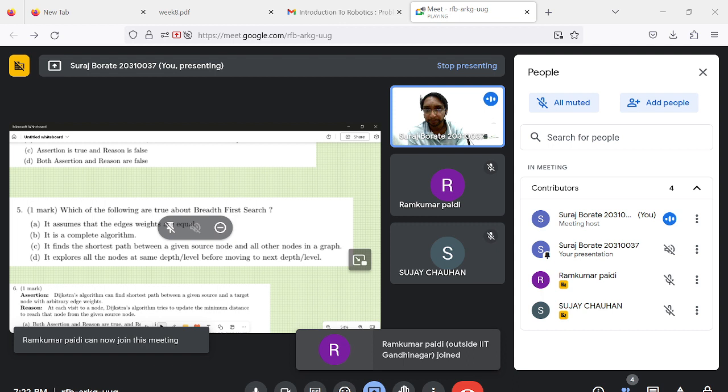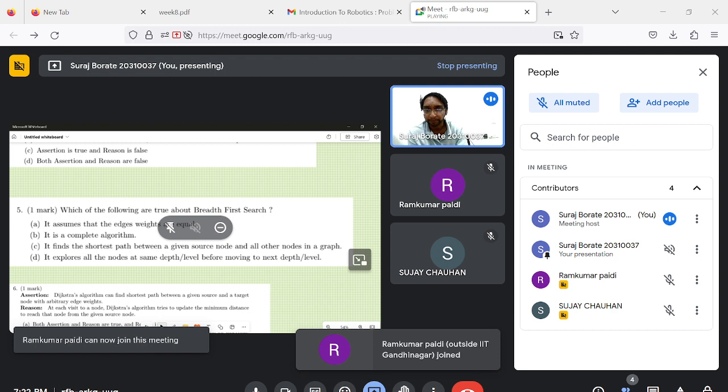From 1 you can go to 2 only, right? Adjacent. From 2 you can go to 3 and 4, right? From 3 you can go to 5. From 4 you can go to 5, and from 4 you can go to 7.